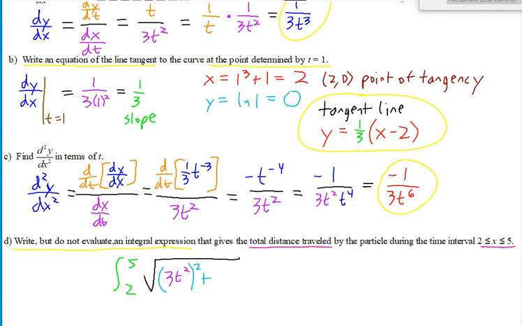So that also gets squared. And then don't forget times dt. t is our variable. And since it said write but do not evaluate, we can just set it up like that.